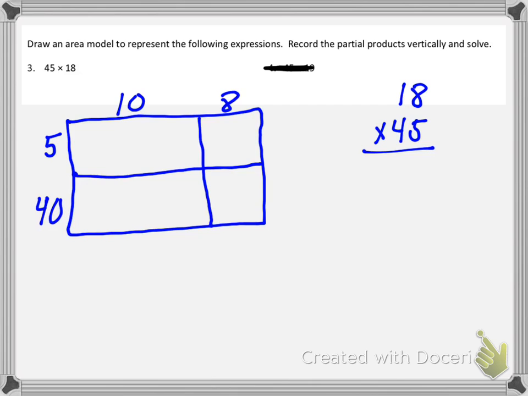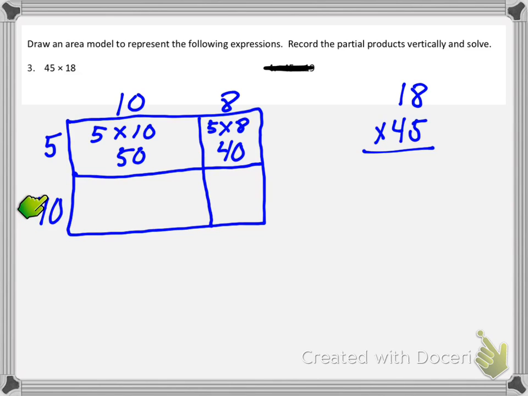So now we have to multiply. And I'm going to start using 5 times 8. And 5 times 8 is 40. And if I continue with the 5, we've got 5 times 10. And 5 times 10 is 50.